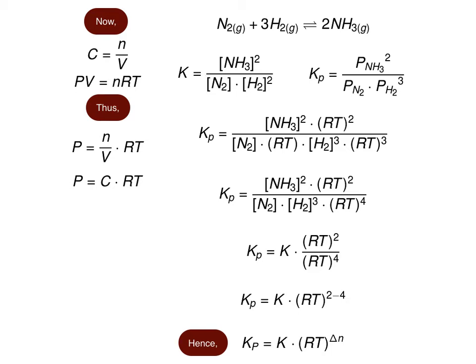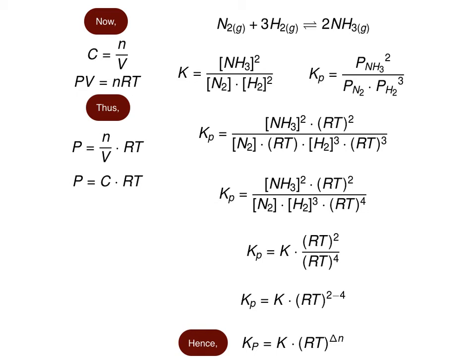Furthermore, although equilibrium constants are typically given in concentration, they can also be provided with pressure. However, although they are both constant for a given system at a given temperature, they are not necessarily the same value, since pressure, of course, is not equal to concentration. Pressure is equal to concentration times RT.